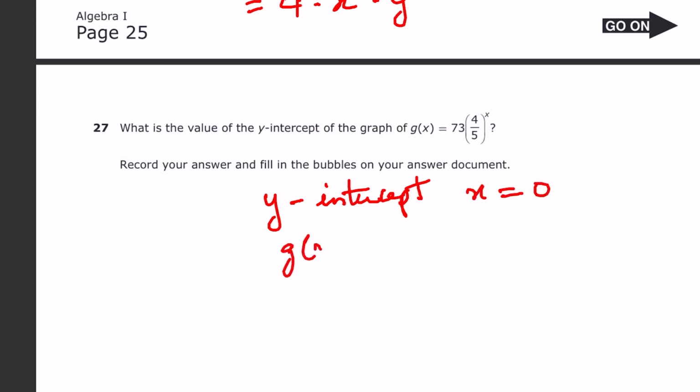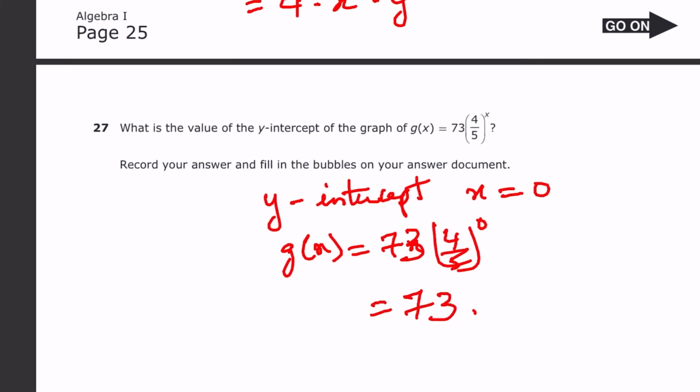So in this equation you can substitute x equals 0, so (4 by 5) to the power of 0, and anything to the power of 0 is 1. So this is equal to 73. So the value of the y-intercept of the graph is nothing but 73. That is the answer.